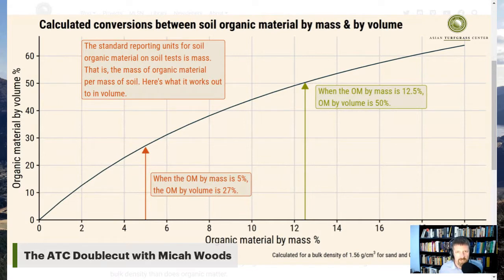Because what happens, and it's interesting to note, is that the organic matter by volume in the soil increases a lot faster than it does by mass. So if you have a soil that is 5% organic matter by mass, the organic matter by volume is already 27%.